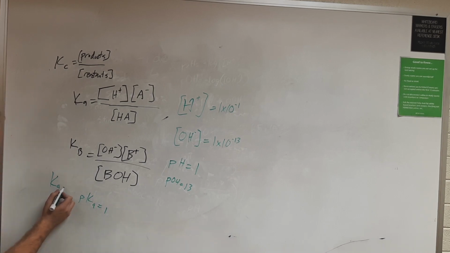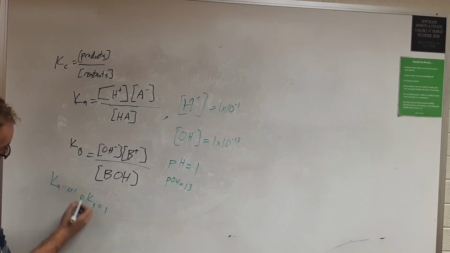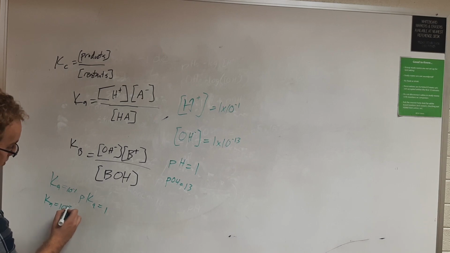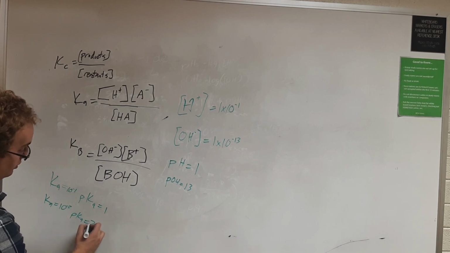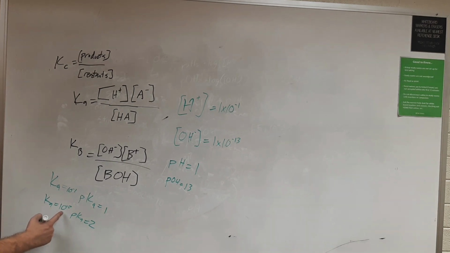Let's say this was 10 to the negative 1, this will return 1. Ka is 10 to the negative 2, pKa is 2. The smaller this number is, the bigger this number is. Hopefully that makes logarithms just a little bit more intuitive.